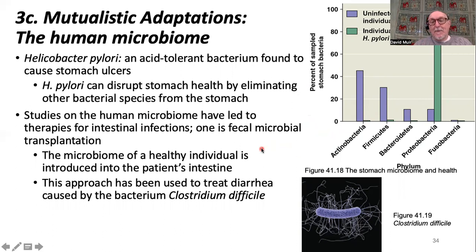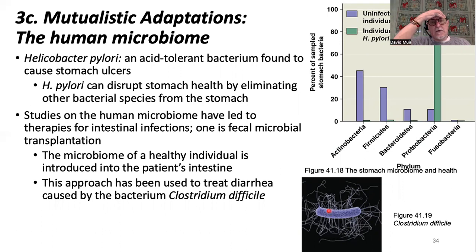Here is another one. And this is a situation which arises especially in elderly people, but in anybody who has had very, very rigorous antibiotic treatment. The microbiota of the gut can be entirely wiped out. And once that happens, the gut becomes susceptible to infection by pathogens, and especially by this pathogen here, which is called Clostridium difficile.